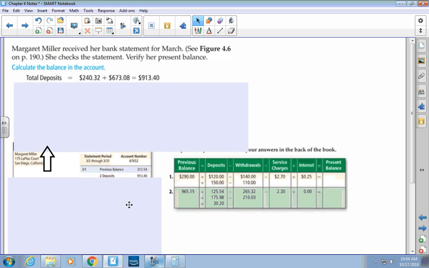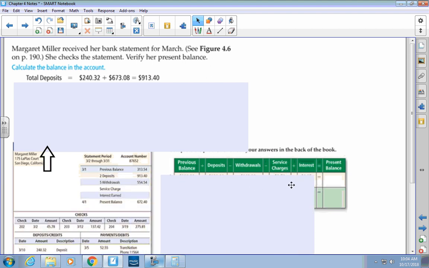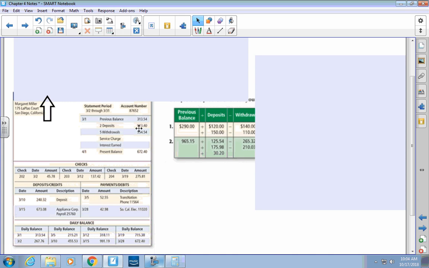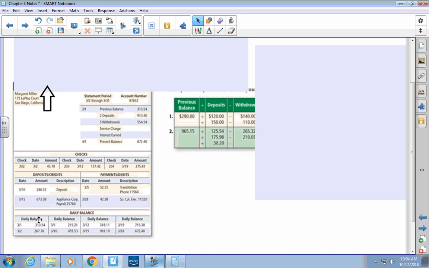And we look, she had two deposits. Let me just uncover this. So she had two deposits, one for $240.32, and she also got $673.08.